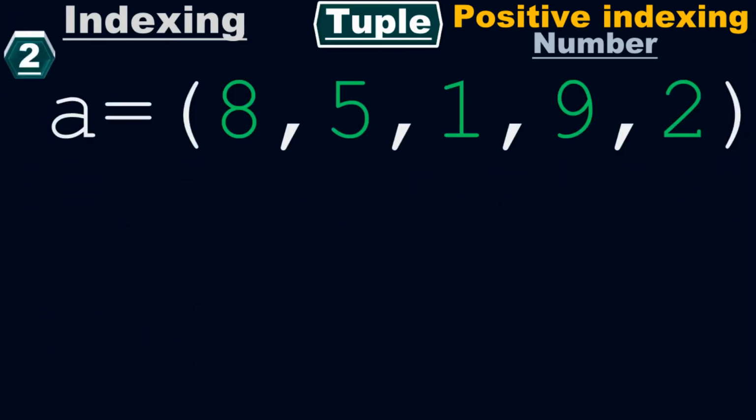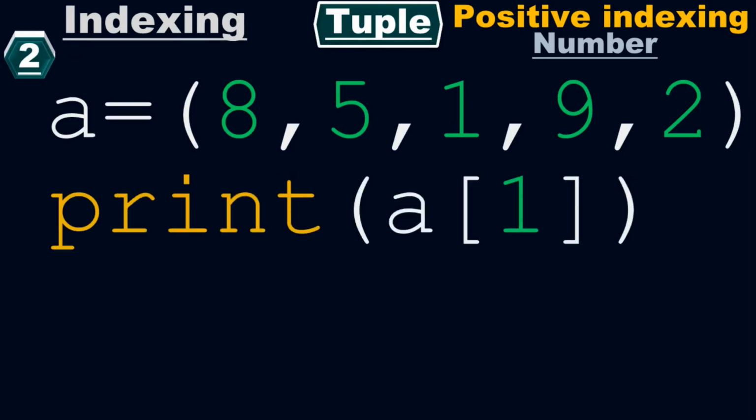Example number 2. A equals 8, 5, 1, 9, 2. Print of A of 1, which returns 5 in the final output. Look, this time I took the index address 1. Exactly at index 1 we have 5. So at index 1 we have value 5, the number 5 here in the given tuple.